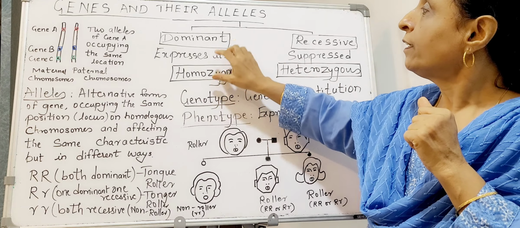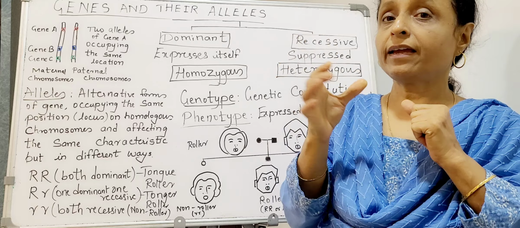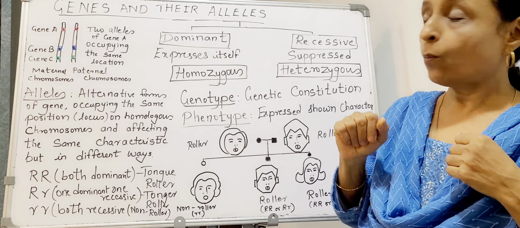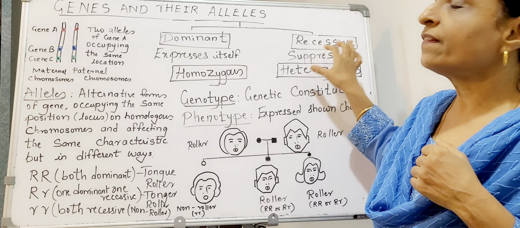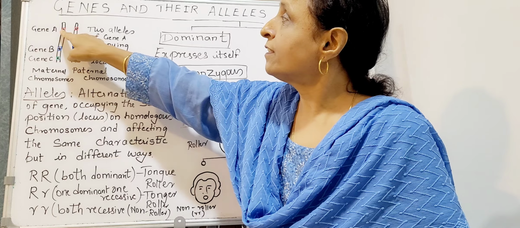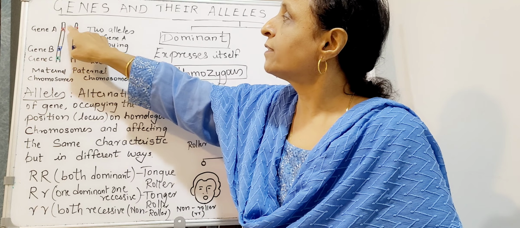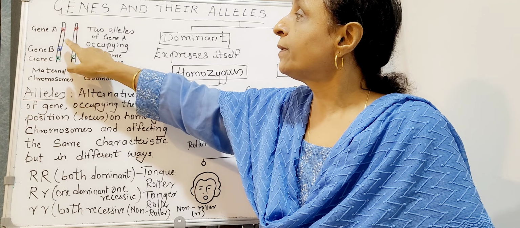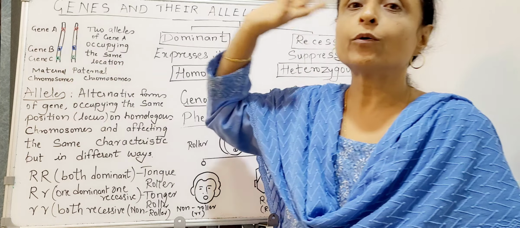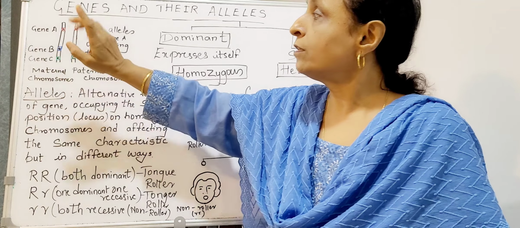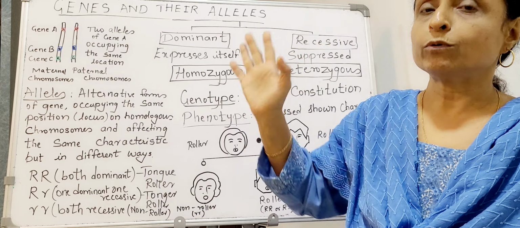Now again there are two types of alleles: one is homozygous and the other is heterozygous. Here, capital A and small a is heterozygous. Capital B, capital B, that is homozygous. Small c, small c, that is homozygous.